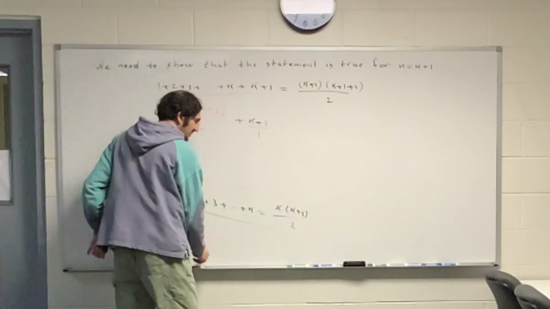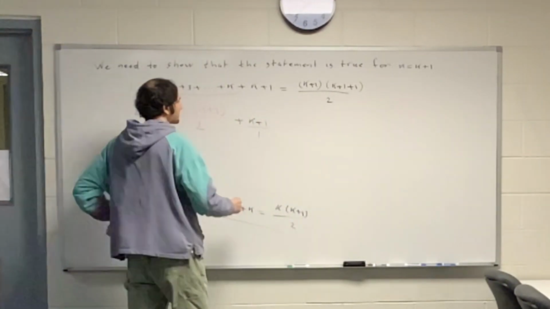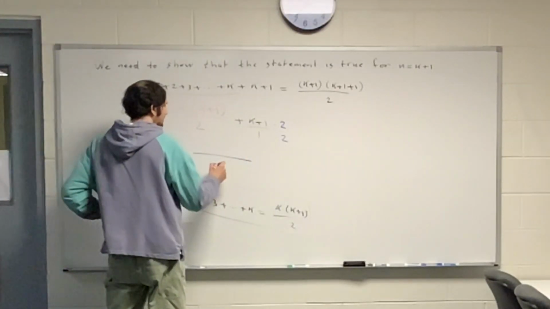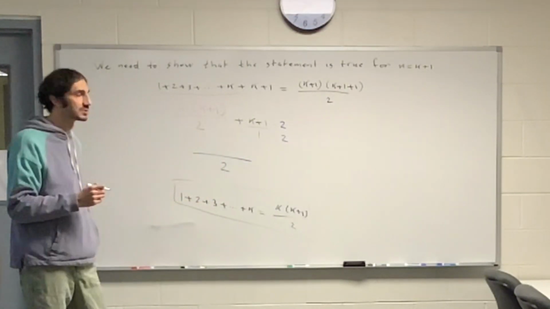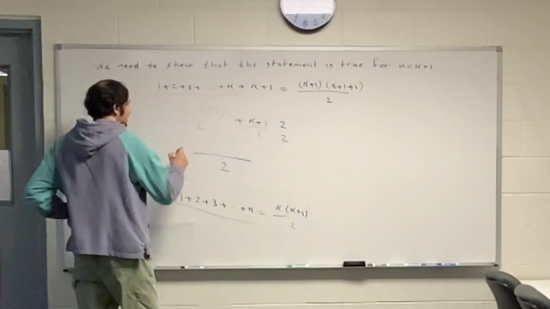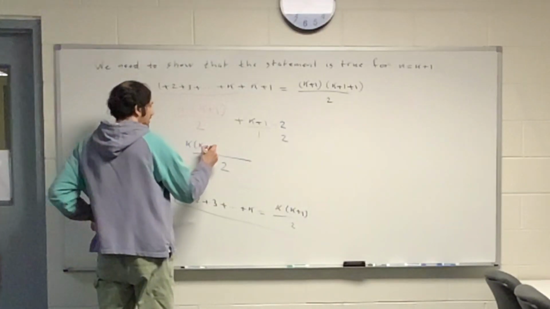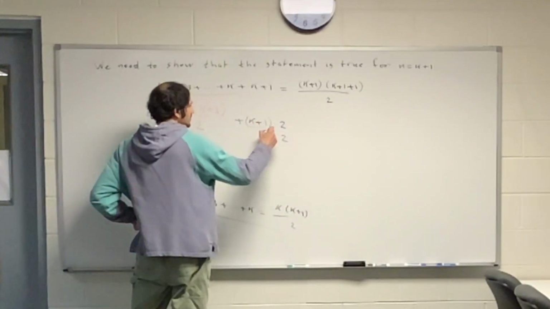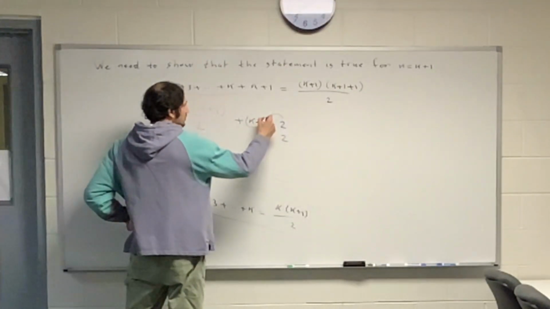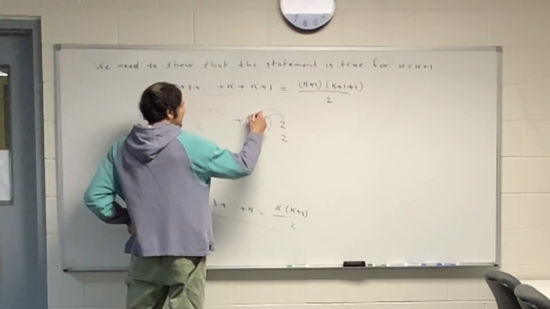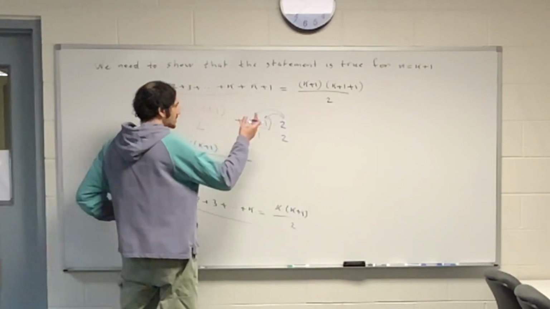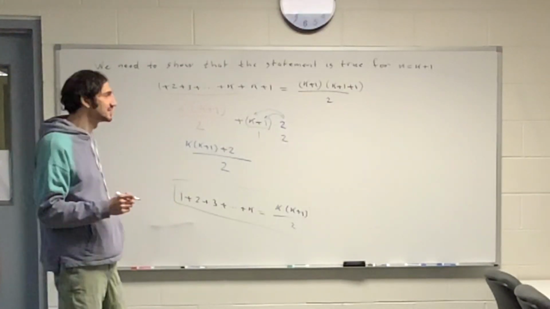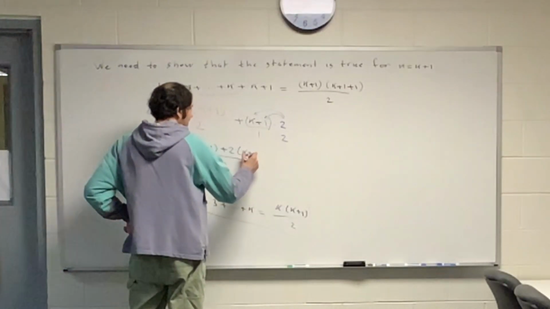So I must have the same denominator here and there. So I'm going to multiply up and down by 2, and as a result, I'm going to have the following fraction with denominator 2. Now above, I already have k multiplied by k plus 1. And here I have 2 multiplied by what? By these two terms, which means 2 is multiplied by 1, 2 is multiplied by k. Or if you want to leave it like this, it's also okay. So you can leave your 2 outside, and inside I still have k plus 1.